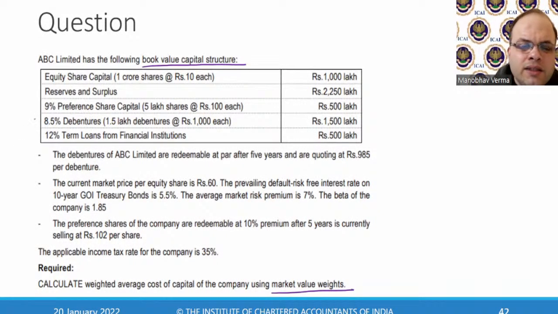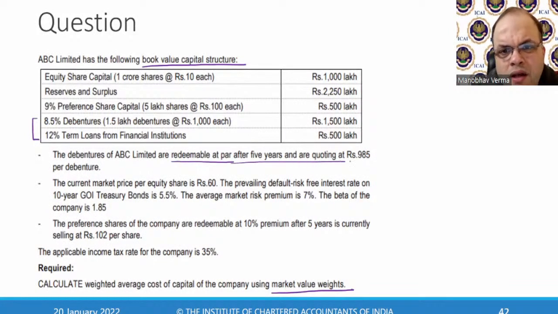Look at that, guys. We have two long-term debts here, 8.5% debentures and 12% term loans. The debentures are redeemable at par after 5 years, quoted at 985. Current market price per equity share is 60.